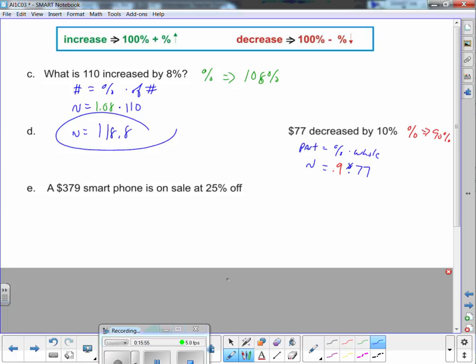So calculator, ask the mams. Byron, how much you got? Does the mams like that answer? Does she, $77 decreased by 10%?